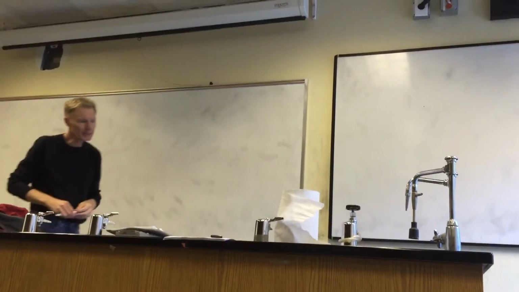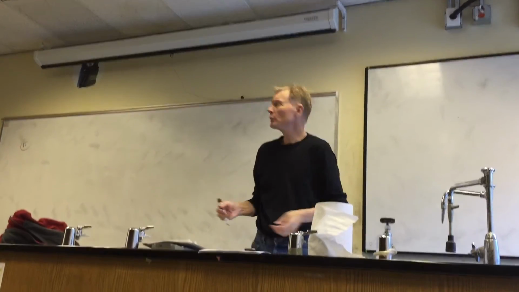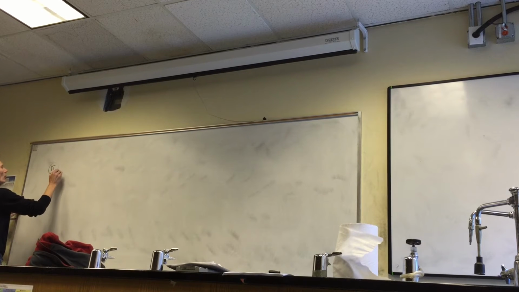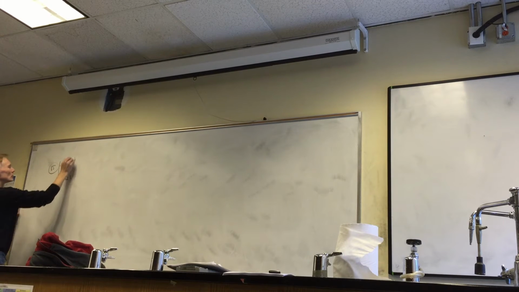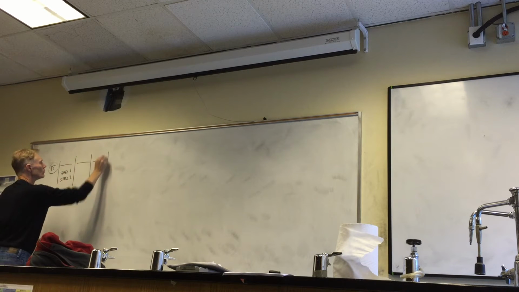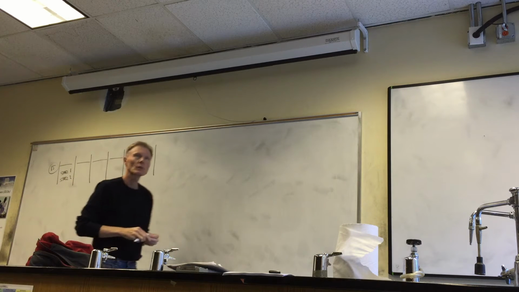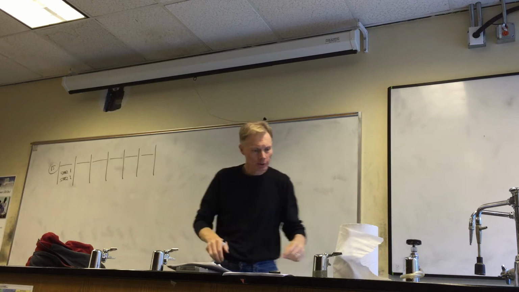Okay, in problem 15, we have 2 different stars. I'm just going to call them star 1 and star 2. And they give us a bunch of information about these stars. So I'm observing these two stars, that one there and this one here.